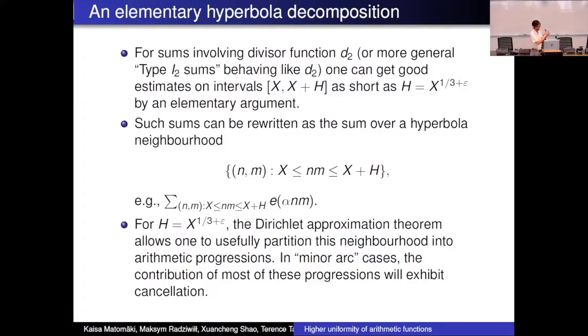If you want to control a sum just involving the second divisor function d_2 on a short interval, you can just expand out d_2 and use the hyperbola method. The single sum of d_2 is really a double sum over a neighborhood of a hyperbola. You're taking the pairs (n, m) where the product nm lies in an interval, and you're summing something like e(alpha nm).